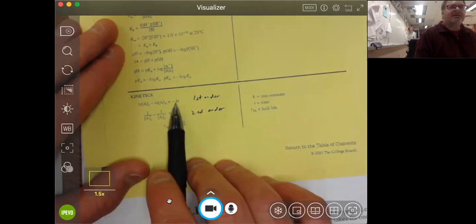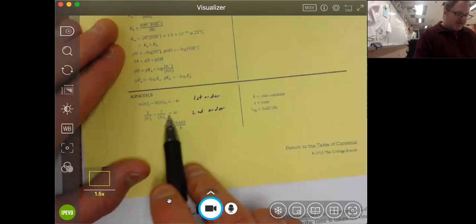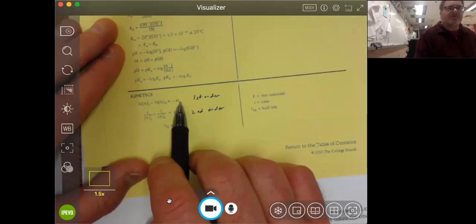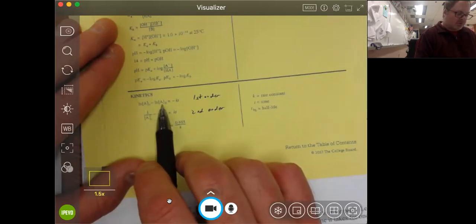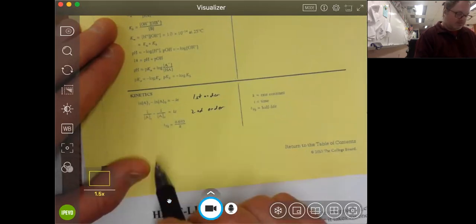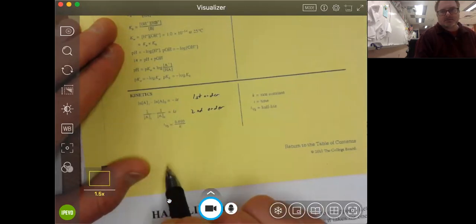We know what K is, and T is time. So what these allow you to do is, if you know what K is, and you know how much time has passed, and you have the initial starting concentration, you can find the final concentration after that much time has passed.